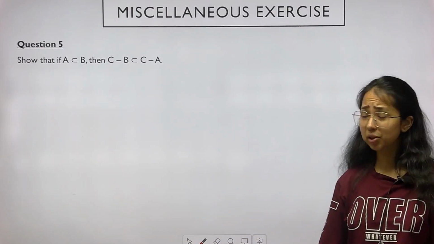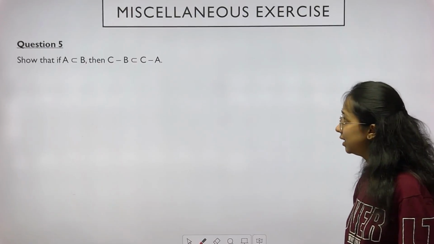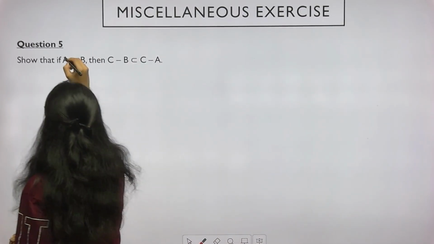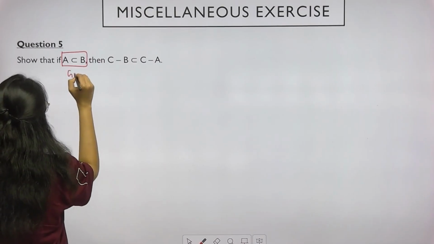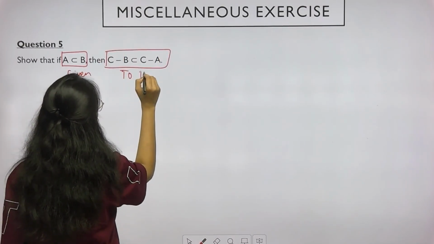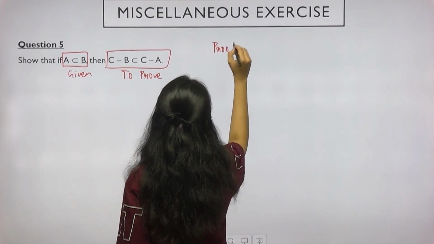Okay, next question. Show that if A is a subset of B, then C minus B is a subset of C minus A. So this is given to us and this is what we need to prove. Let's see how we'll prove this.